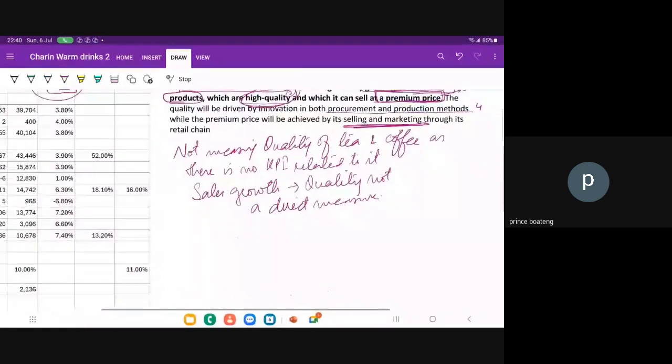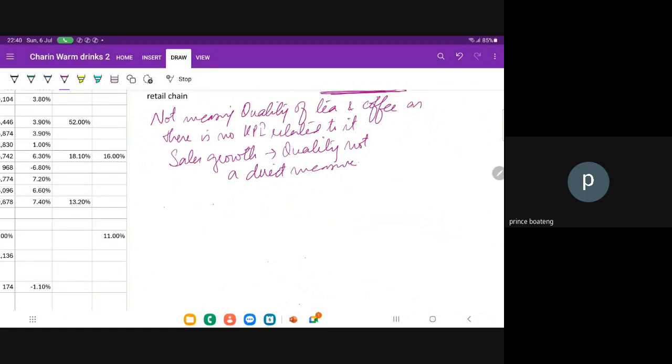So a KPI related to premium prices is also not measured by the company, right? Sharon, whatever the name of the company is.